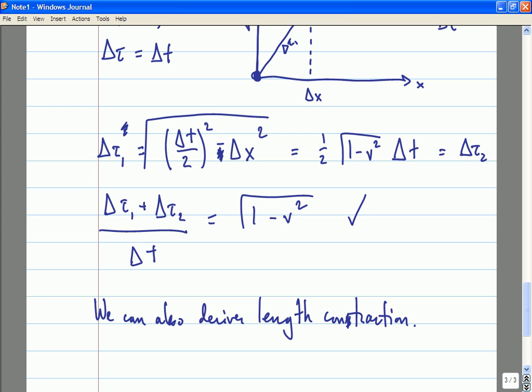Once you know time dilation, you can derive every other effect in special relativity, simply because lengths are measured. How do you measure lengths in relativity? Well, you need a clock, because you measure the amount of time it takes for light rays to bounce off of mirrors describing the length of some object. And so if your clock slows because of the time dilation, hence you have length contraction, hence you have all of the other effects that you're used to in special relativity.